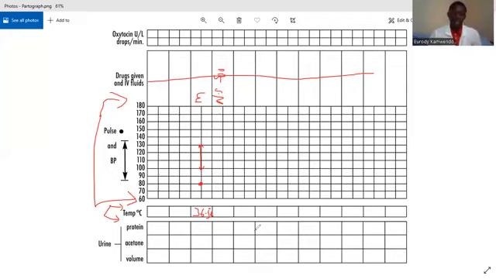Then the last thing that you need to check is urine. When it comes to urine, you need to record the woman's urine output every 2 hourly or 4 hourly. And once you get the urine, you need to do some type of mini urinalysis where you check for protein.